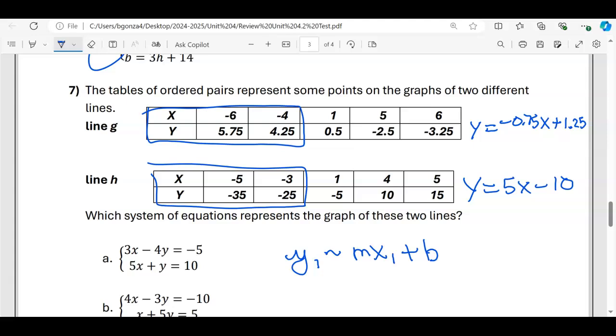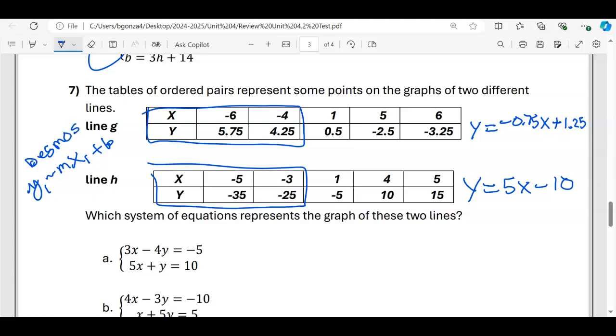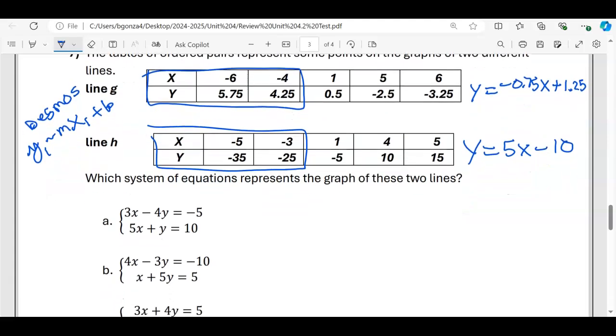So what we're going to have to do, and let me just rewrite this at the top instead, off to the side: y1 squiggle mx1 plus b in Desmos. All right.